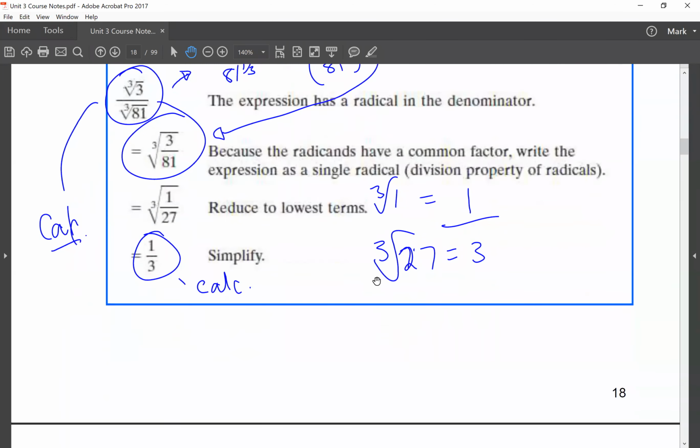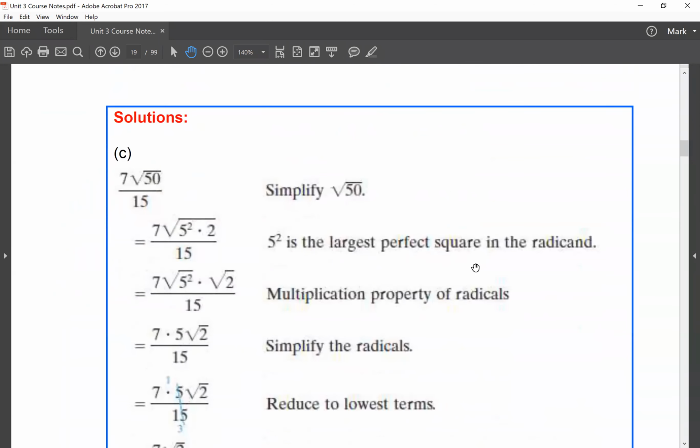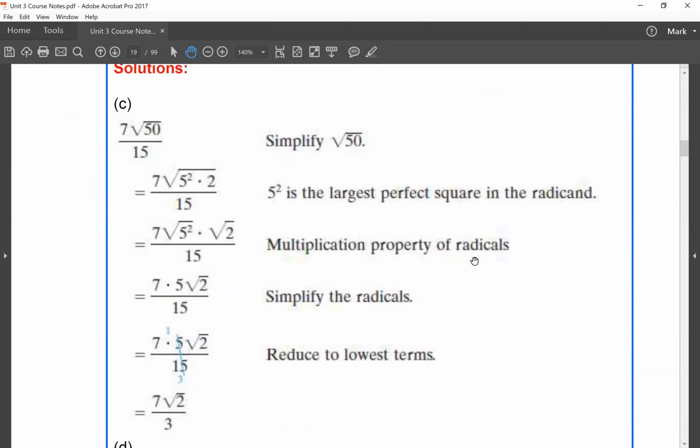Okay, let's look at a harder one. Well, actually, this one's not too bad. So I have 7 root 50 over 15, and I want to simplify the root 50. Basically, I'm going to simplify everything and reduce any fractions.